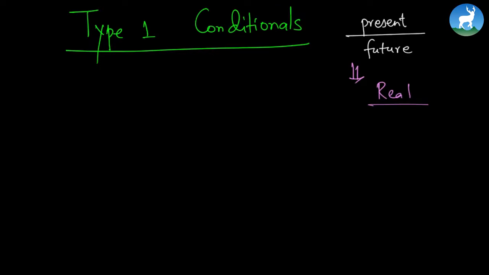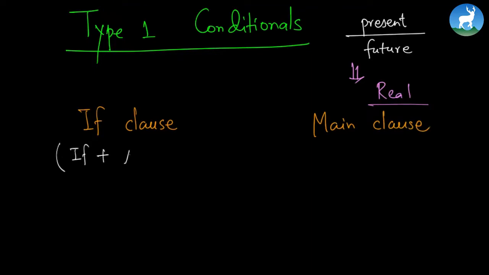Possible condition, probable result. In these sentences, the if clause is in simple present and the main clause is in the simple future. So let's see how that is done. We have an if clause followed by a main clause, right? So the basic structure here is if plus simple present, and in the main clause we have simple future.